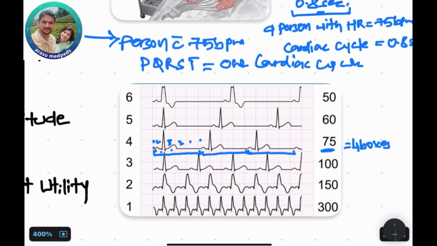4 boxes they noticed in this person with 75 beats per minute for one cardiac cycle. That is 4 boxes for 0.8 seconds, right? So how much will be for one box now? One large box will be 0.2 seconds, right?